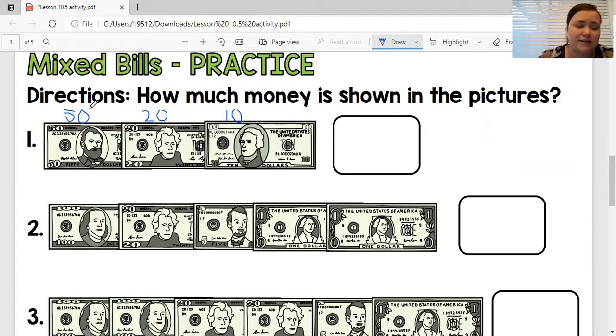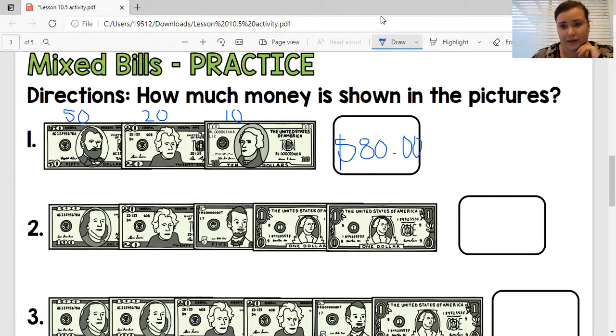So let's add these together. 50, 60, 70, 80. The way we would write it, we would put our dollar sign. We can't forget our decimal. And then we don't have any cents right now, so it's just going to look just like this.